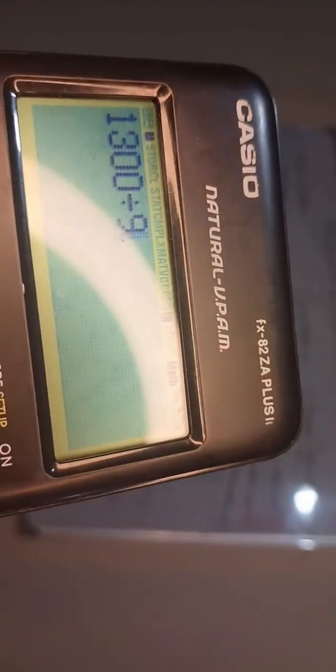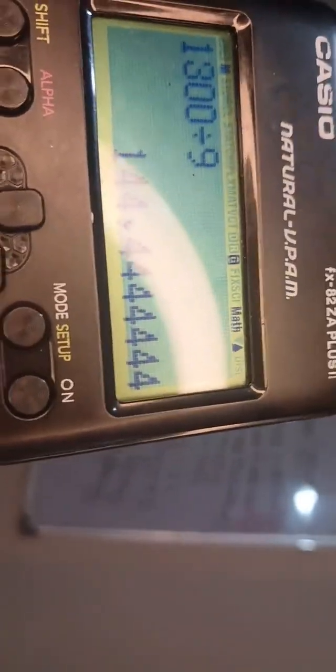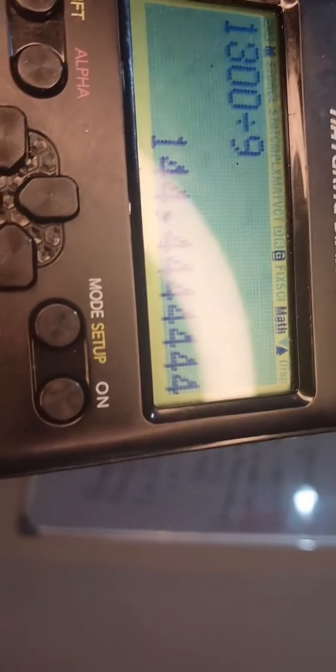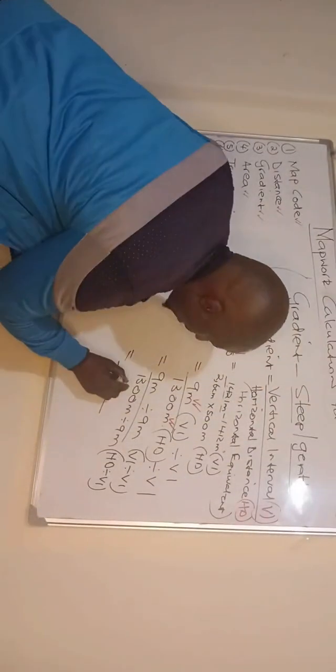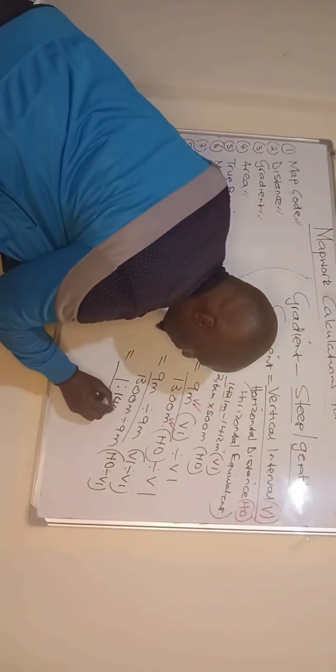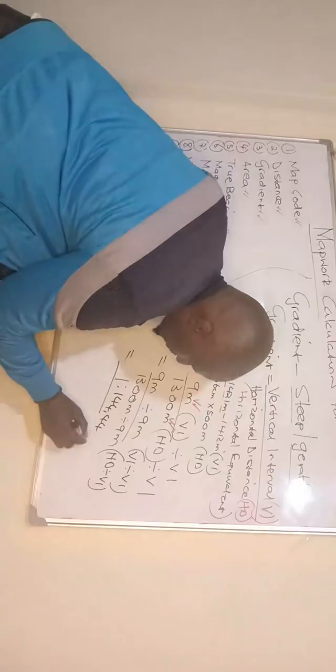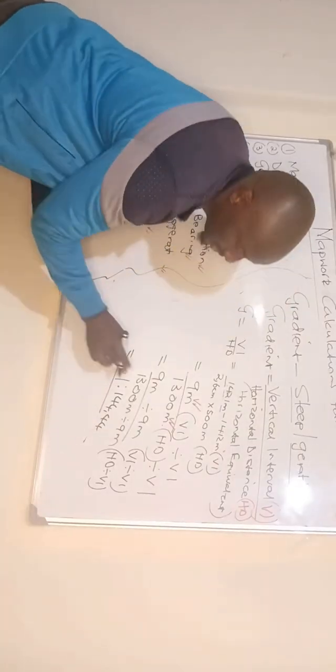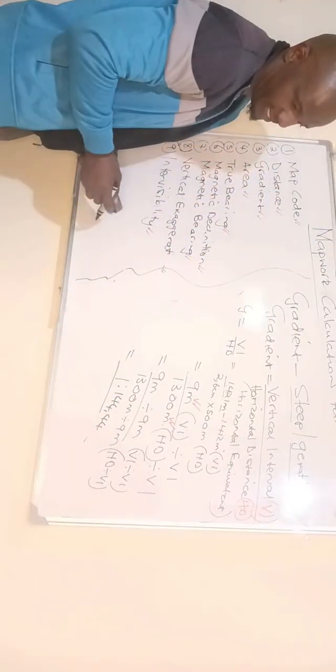1,300 divided by 9, what do we have? We are going to get 144.44. So that is our gradient, 1:144.44. That's what we are going to get here.